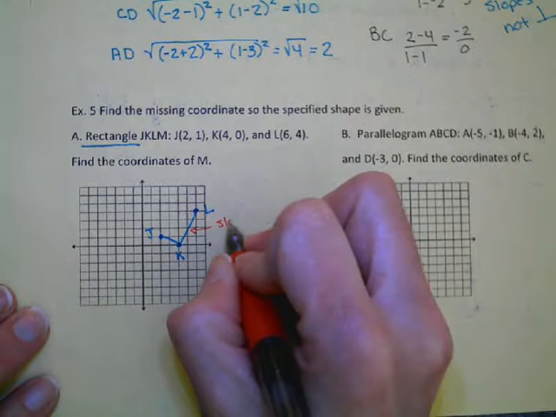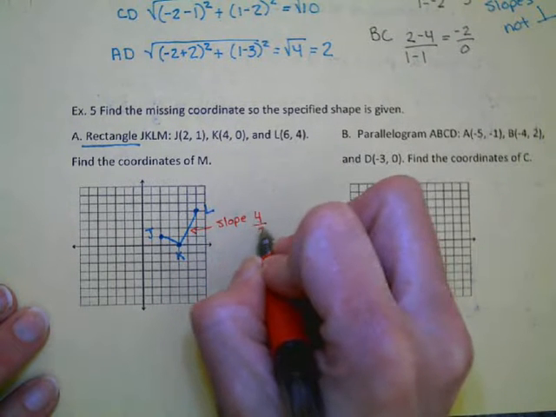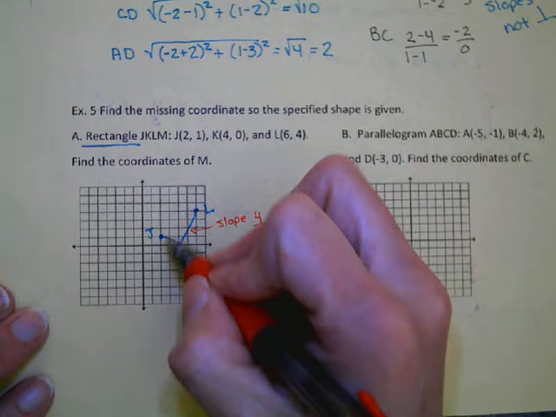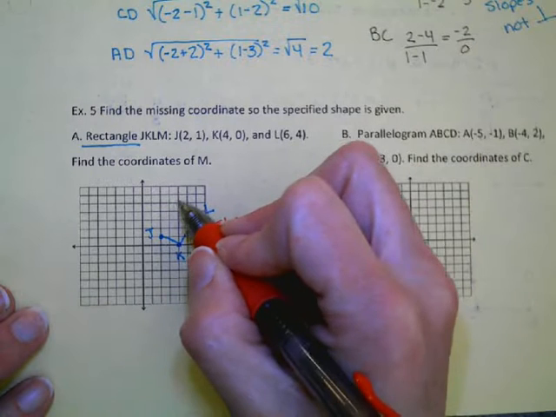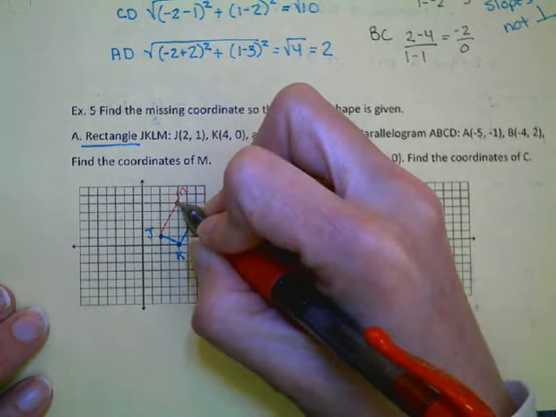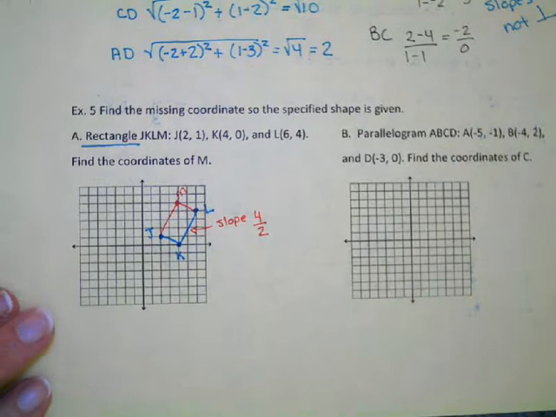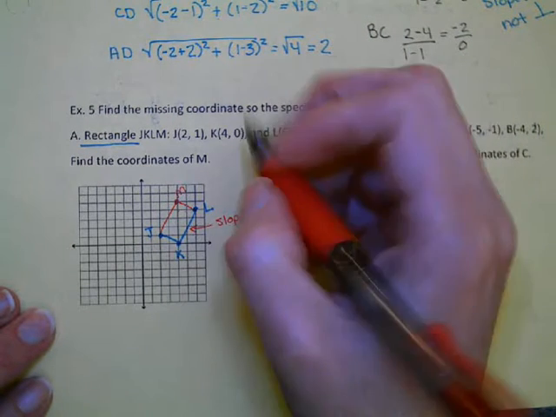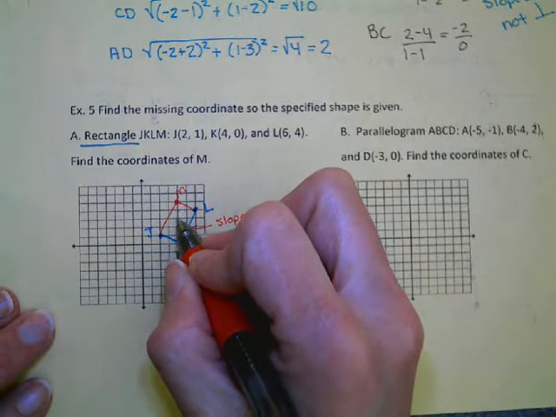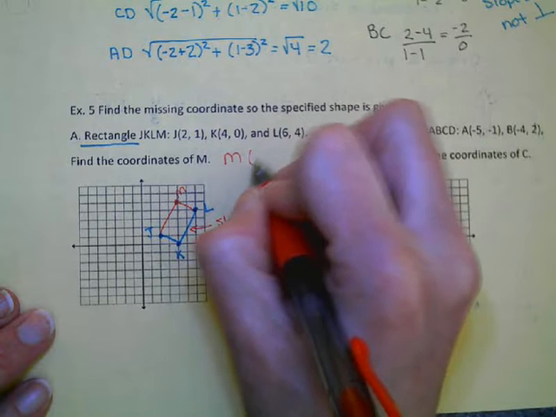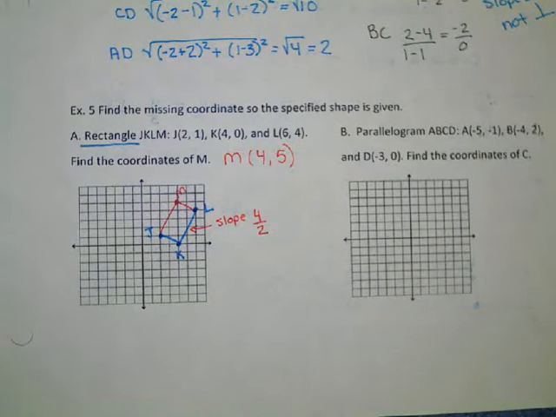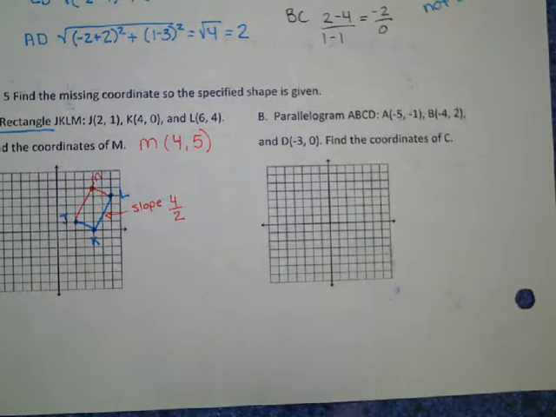So if I do that same slope, and I count the same slope from J, I should be able to find M. So up 1, 2, 3, 4 over 2. So that should make this look like a rectangle. So M, counting from here, if I go up 4 over 2, the new point for M is 4. So M is 4, 5. So you use your slopes in order to figure that out.